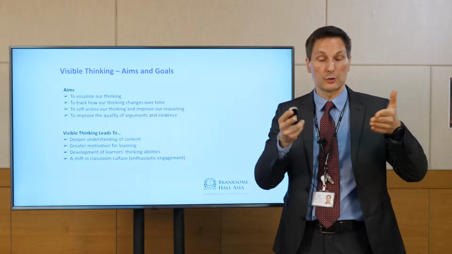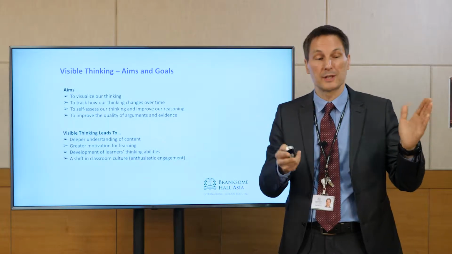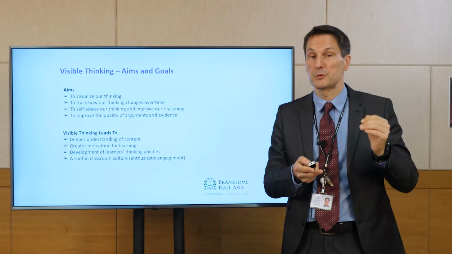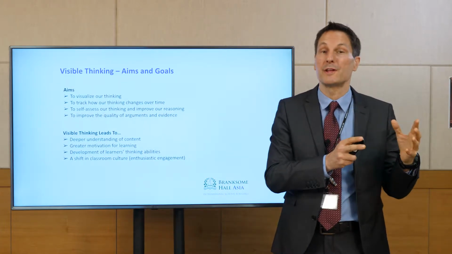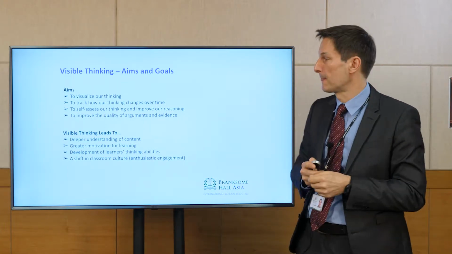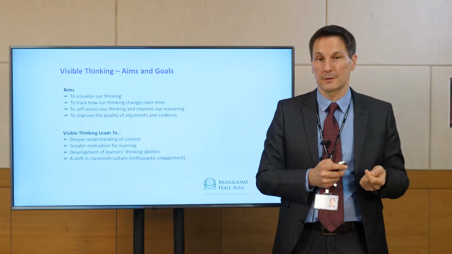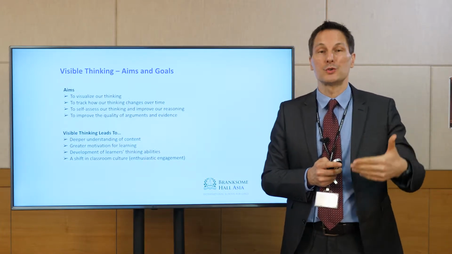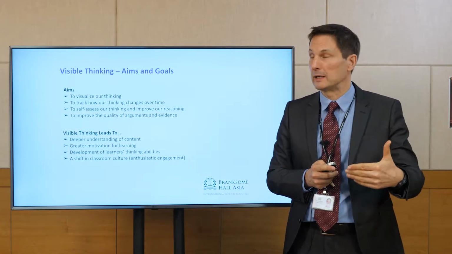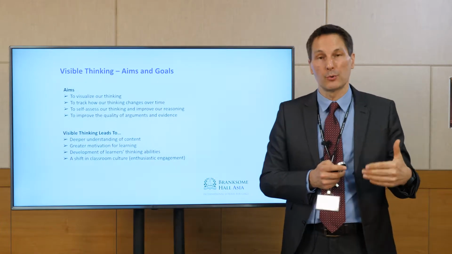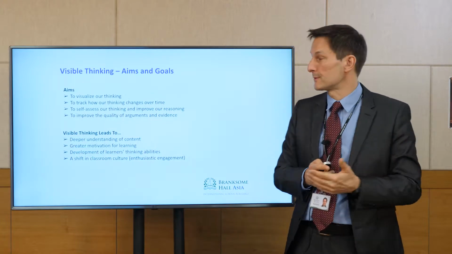So again, students can look at what they've put down on the page and see that there are problems with their reasoning, or perhaps there's not enough evidence to support their claims. It's also to improve the quality of arguments and evidence, because as we've said before, to get students to think well critically, they need to understand the importance and the role of evidence.